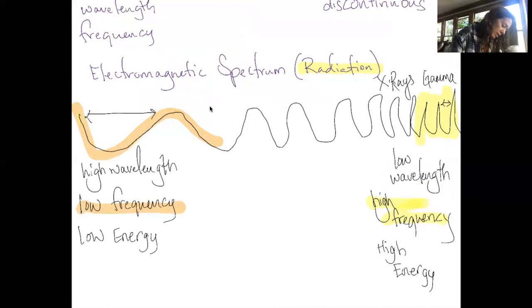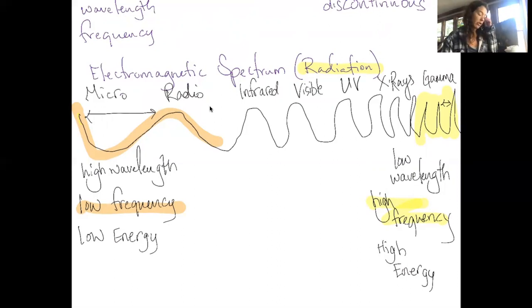Next to our X-rays, we have our UV radiation, ultraviolet. We then have the part that we can see, which is that visible light spectrum. We have infrared. And then we have our radio waves. And over here, we have our microwaves. I think I have those in the right order.